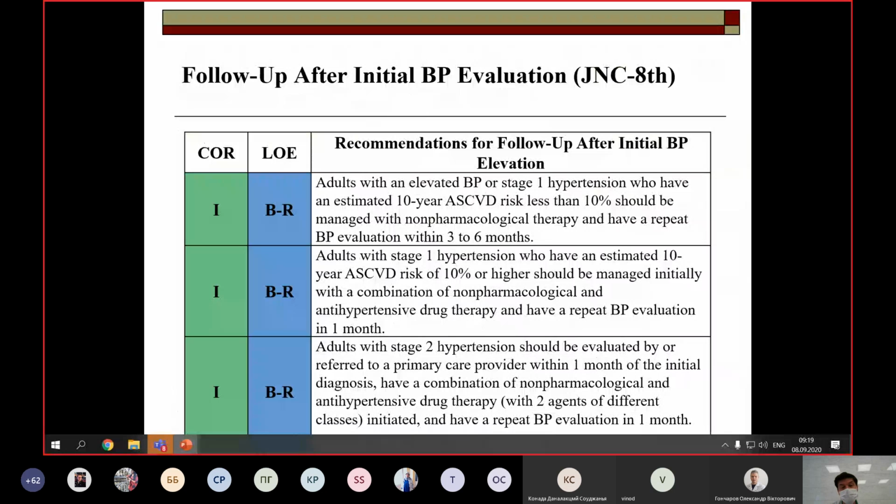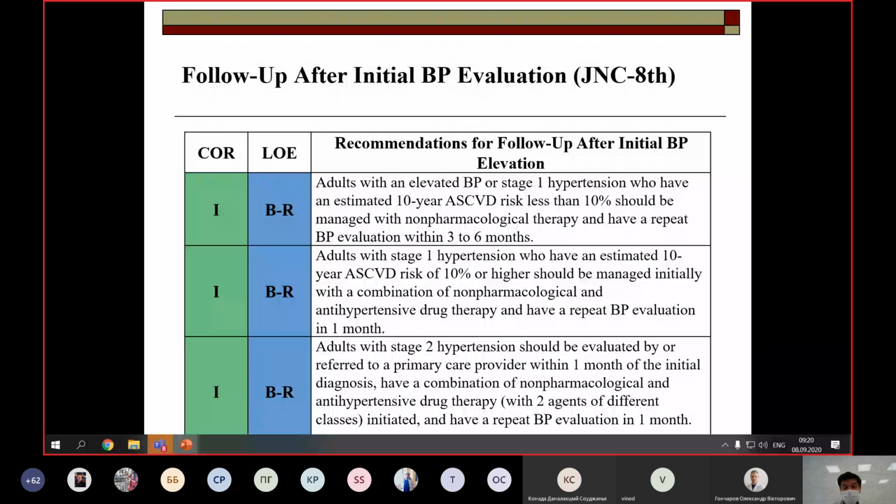On the slide, you can see the general clinical recommendation: how should we treat the patient with arterial hypertension according to the clinical protocol reported by JNC8, the US experts. Please recognize that adults with an elevated BP at stage 1 arterial hypertension who have an estimated 10-year cardiovascular risk of less than 10%, at moderate risk, if you don't remember, should be managed with nonpharmacological therapy and have repeat BP elevation within 3 to 6 months.